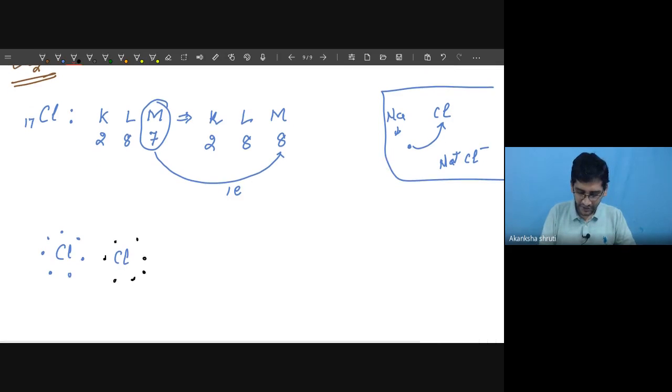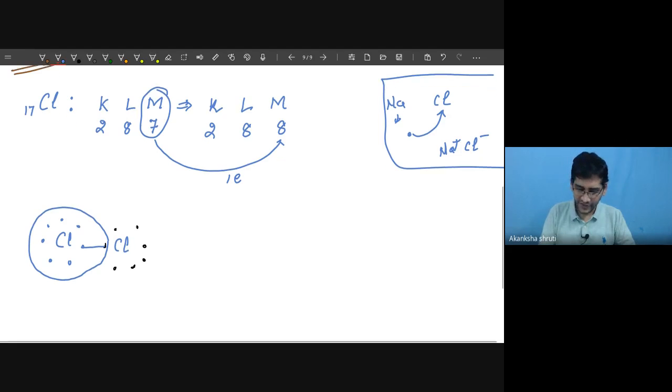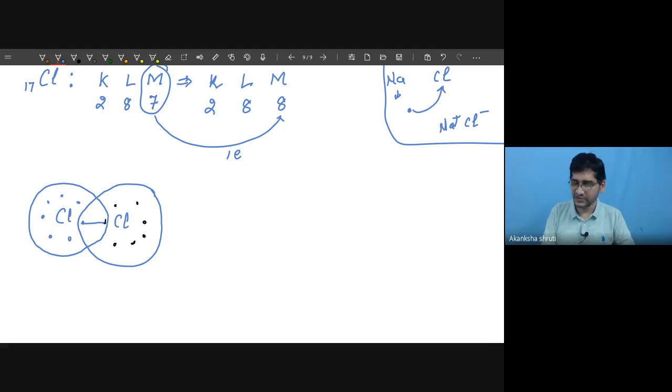Here we observe that each already contains 7. Consider either chlorine: to become 8, it needs to share only one electron. So for the left chlorine, we have a total of 8 electrons: 7 its own and one more being shared. For the right chlorine, again, the atom will extend its boundary and reach the shared area.